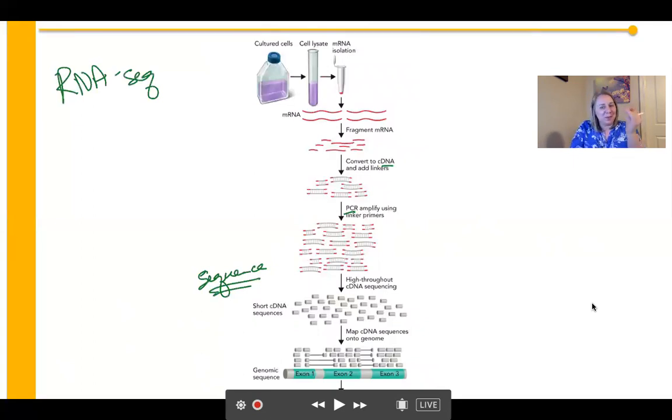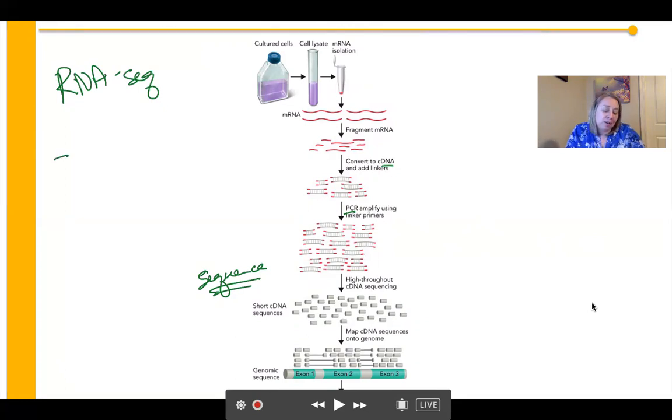You're actually going from mRNA to cDNA, PCRing it, and then sequencing it. But there's no bias, right? In that chip, you had a predetermined set of genes that were already on the chip. So maybe you didn't put a gene that you were supposed to put on there, right? And so it allows you to not have a bias.